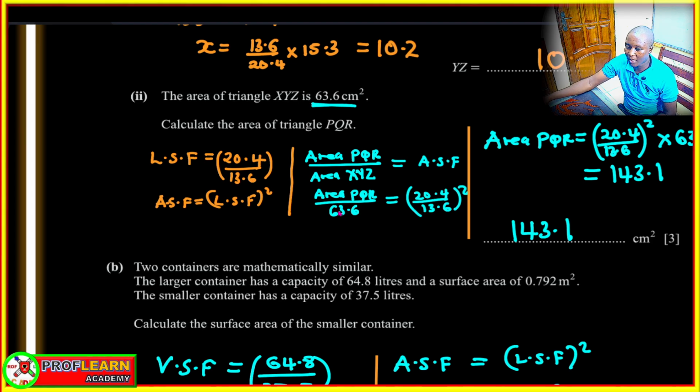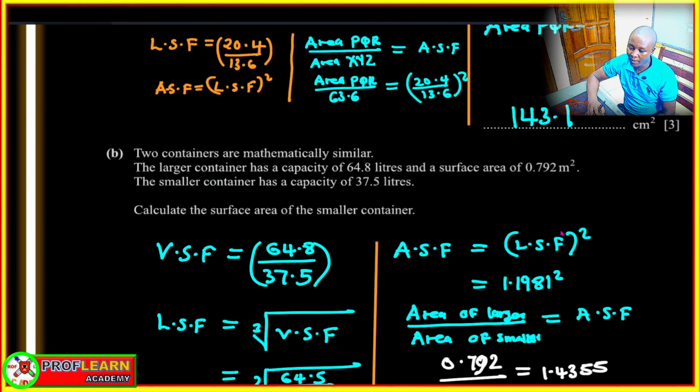Area of PQR over this one is equal to linear scale factor squared. And if you started with a larger length at the top, you should also have a larger area at the top, as shown here. Then we have our final answer as 143.1.